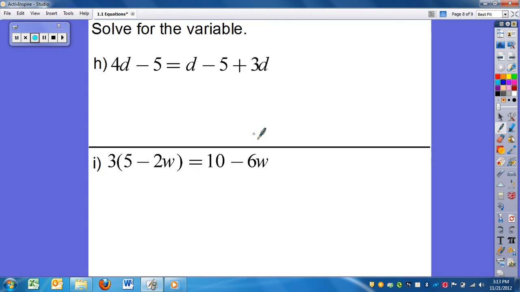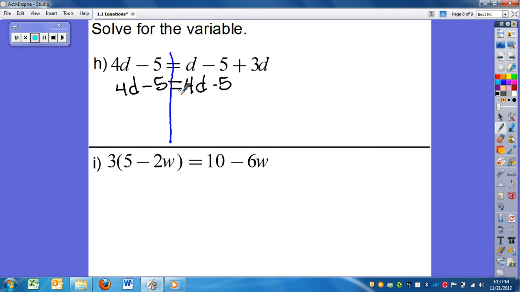Alright, these last two are our special solutions. Something unique is going to happen in both of them. So on this first one, I need to combine like terms because I have two like terms on the same side. So d plus 3d is 4d minus 5. And I get 4d minus 5 over here.